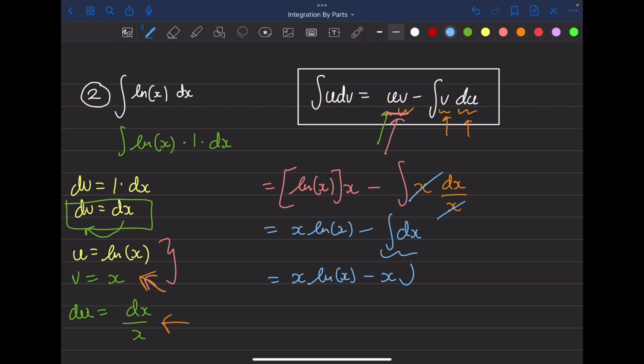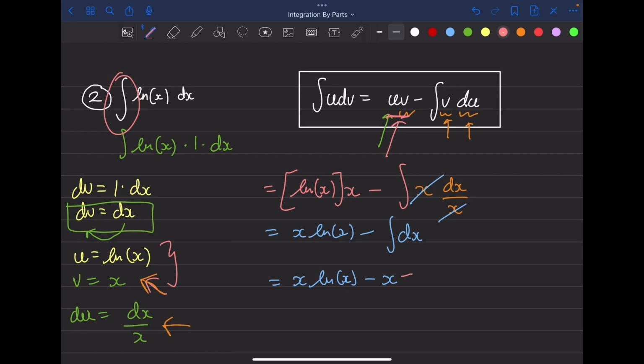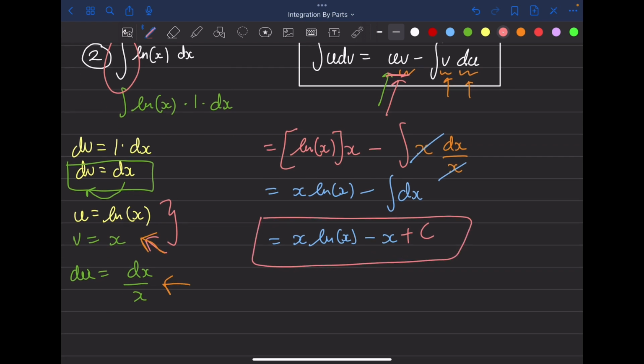And we are almost done, but one step that you cannot forget, like with any indefinite integral, because this is not a definite integral, is to add the c at the end. Okay, and now we are basically done, but just for completeness, I'm going to factor out the x. So this is equal to x multiplied by (ln x minus 1) plus c. And now we are done.